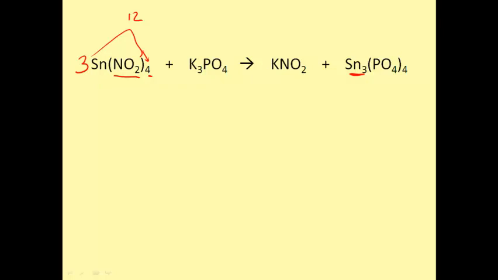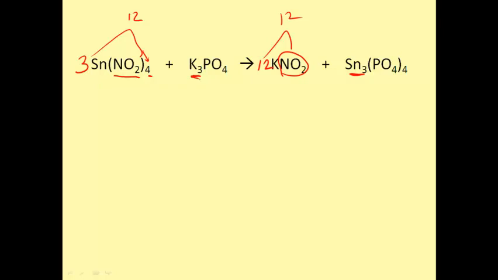So to balance the nitrites on the right side, we place a 12 in front of potassium nitrite, and the result is that we have the same number of nitrites on each side. We now have 12 of them here as well. We also now have 12 potassiums on the product side of the reaction, so we need to balance the potassiums on the reactant side where there are only 3.